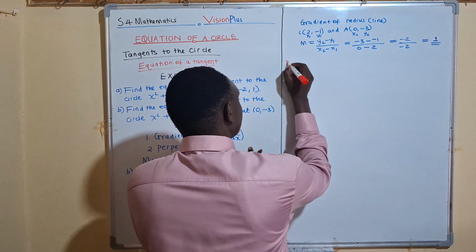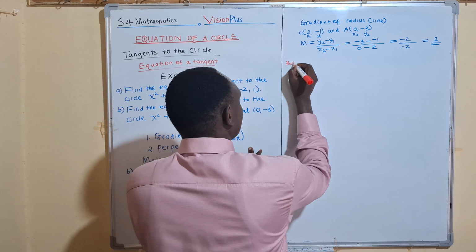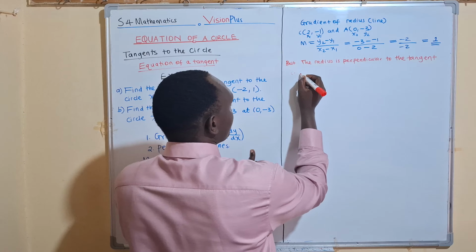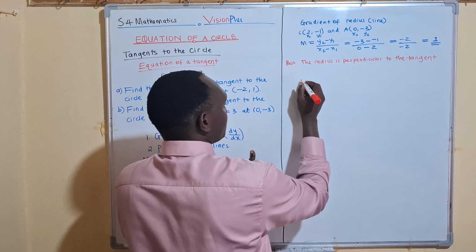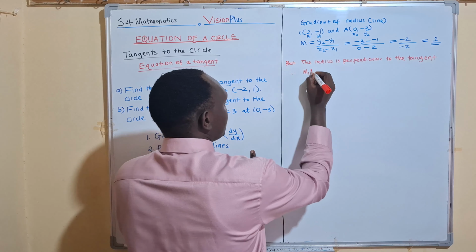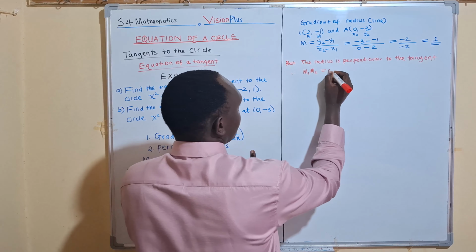So when we say the radius is perpendicular to the tangent, this implies that the product of their gradients is -1.